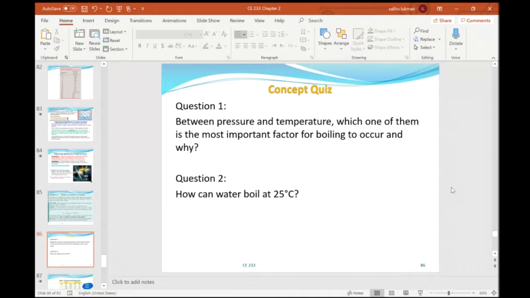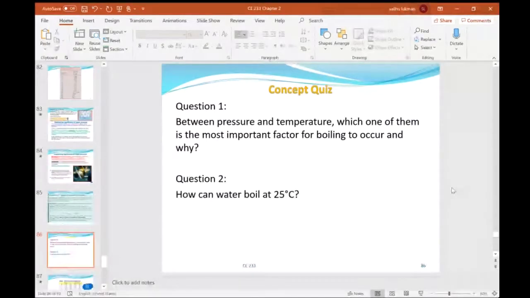If you keep pressure constant and increase or decrease the temperature, that affects the boiling point, as well as if you keep the temperature constant and vary the pressure, that will also affect boiling.